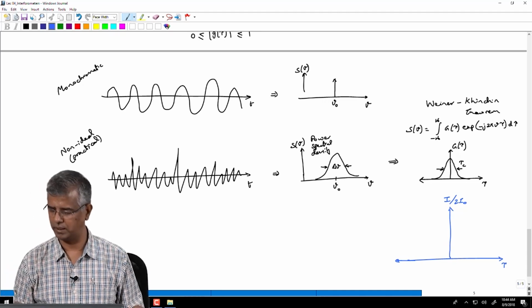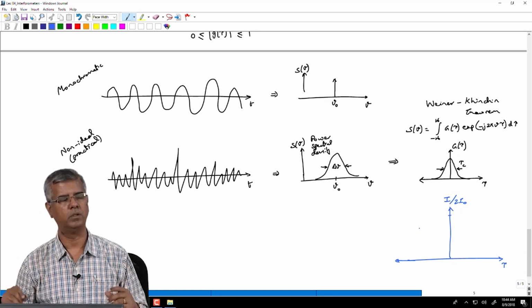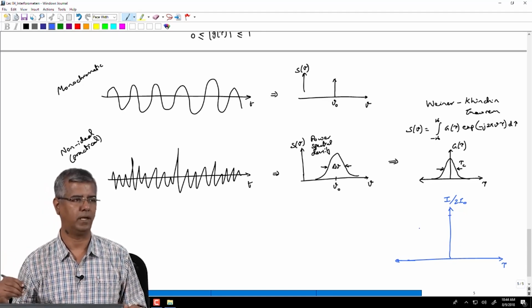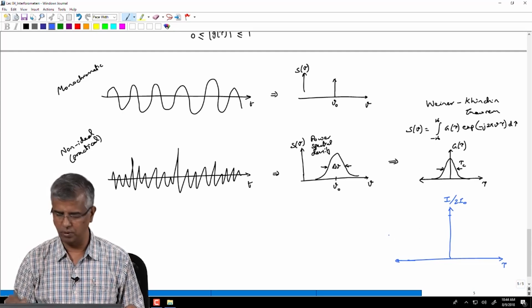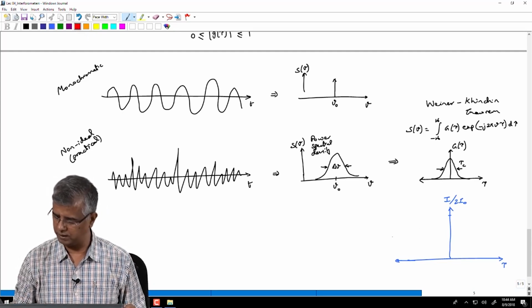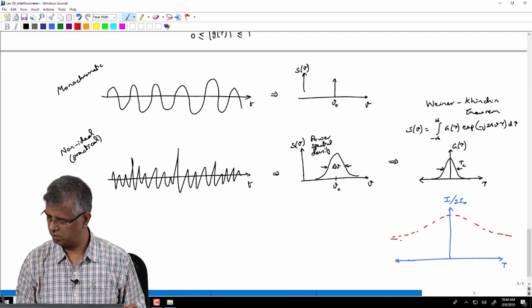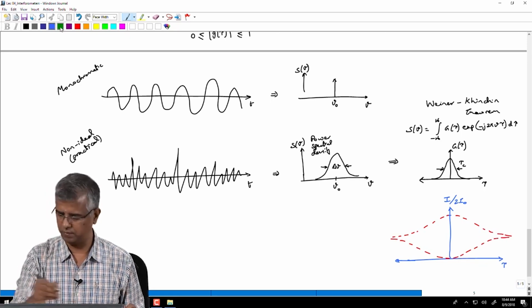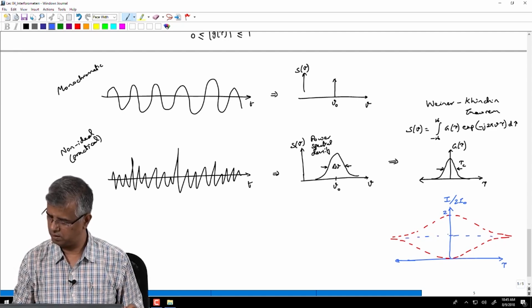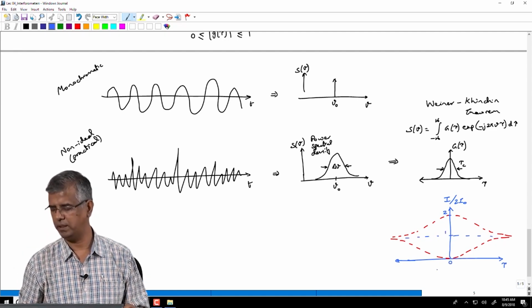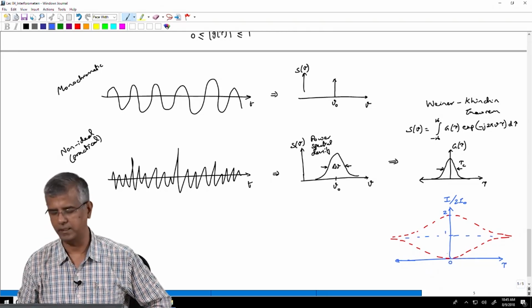So, 2 times I naught corresponds to the I naught would be the intensity in each of the arms. So, it can reach a maximum of 2 times I naught. When we look at this, what we will find is that the envelope will follow this: it takes a value of 2 over here, and 1 and 0 over here, and so it takes an envelope like this.